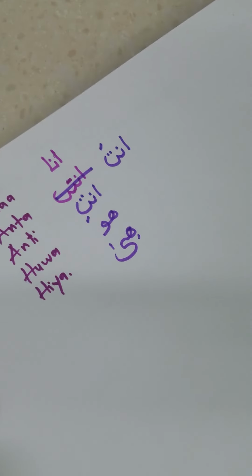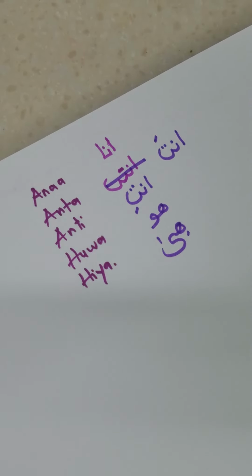Okay, now if you remember well, we said that in Arabic, when we are talking about numbers, you'll either talk about the singular, or if you don't talk about the singular, you'll talk about the duo and then the plural.